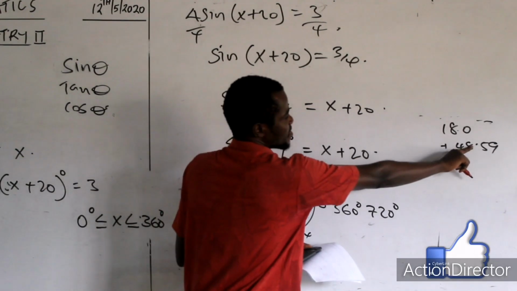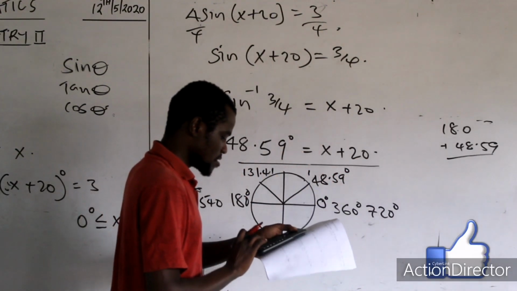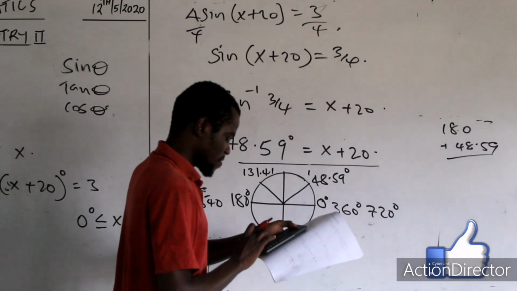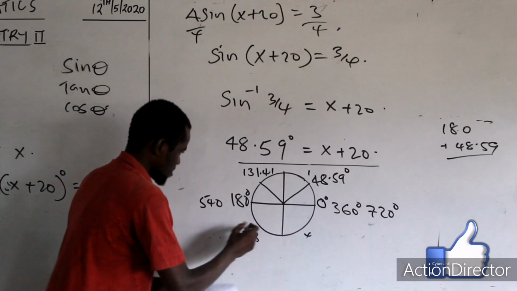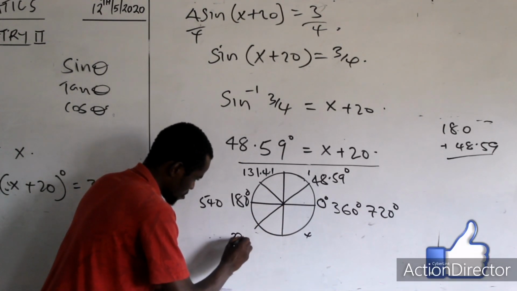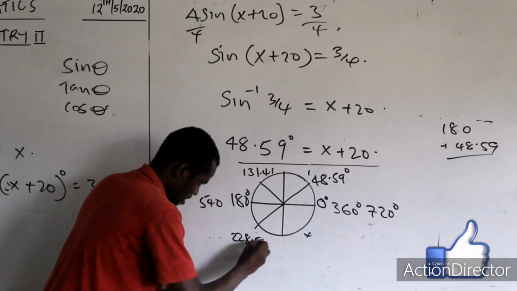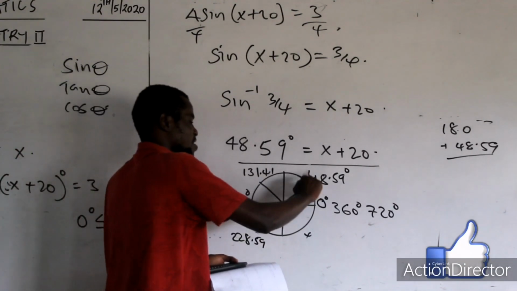That's why we are adding. And when we add 180 plus 48.59, what do you get? You get that angle falling in the third quadrant to be 228.59.